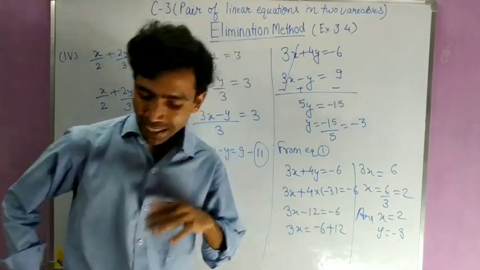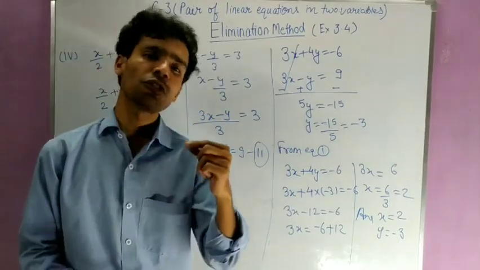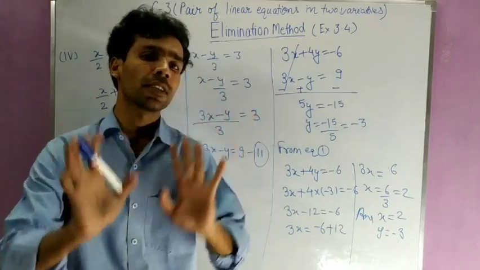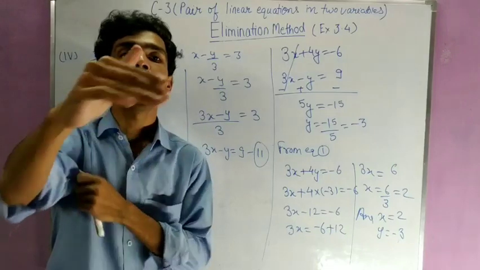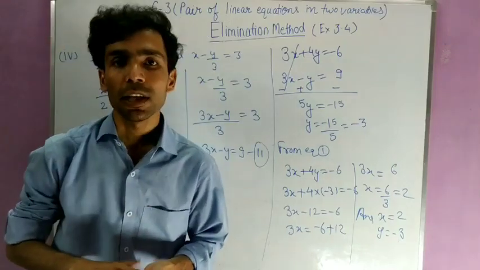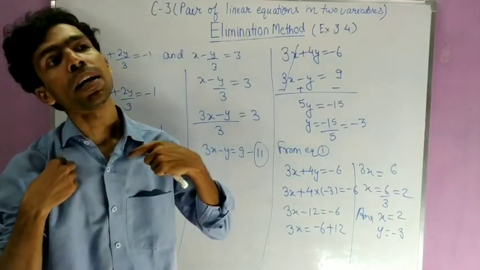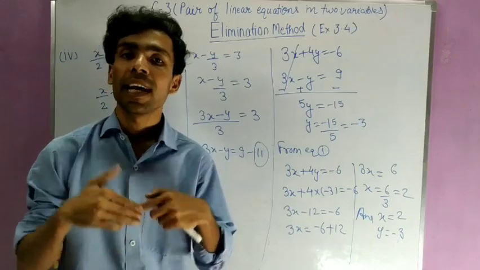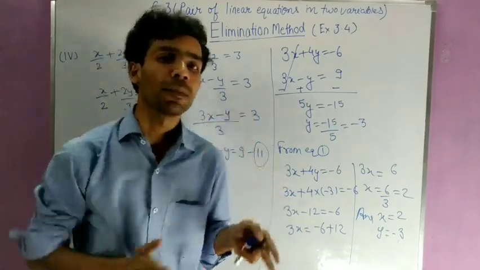I am going to repeat again. First, see these two equations and you can choose one variable. Suppose you want to eliminate x. So what you have to do, you have to make the coefficient of x same in both the two equations. Okay? If they are same, then it is good, and if they are not same, then you will multiply both the two equations by that number so that the coefficient of that variable will be same.